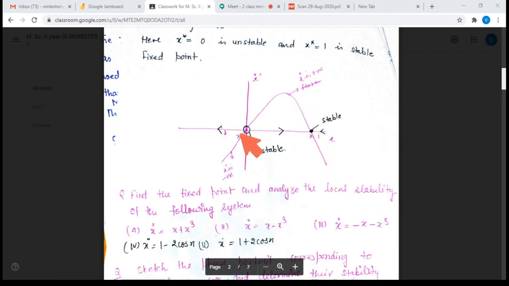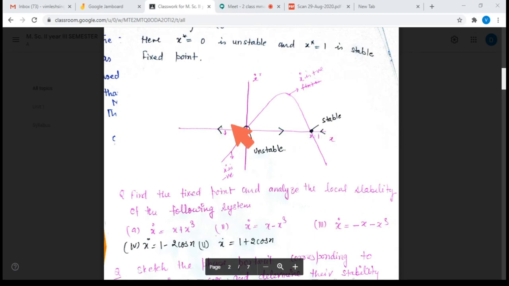Below the x-axis the velocity is negative, so arrows move to the left-hand side.